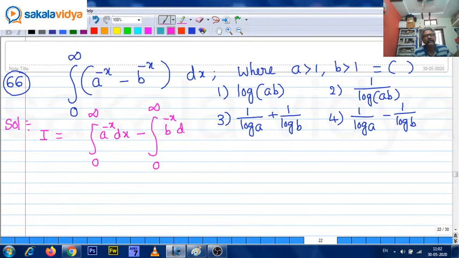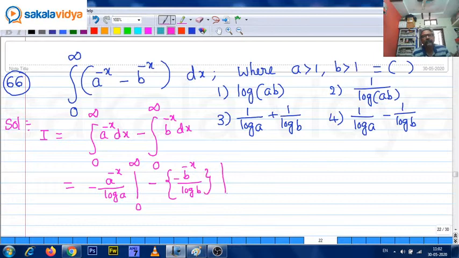The integral of a power minus x is a power minus x upon log a, but the differentiation of minus x is minus 1, so minus log a, put minus, limits 0 to infinity. Minus this also, you will be getting b power minus x by log b, minus, limits 0 to infinity.